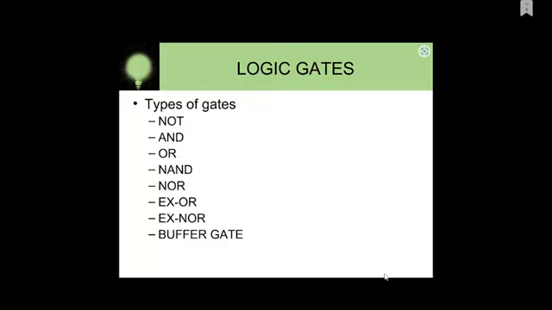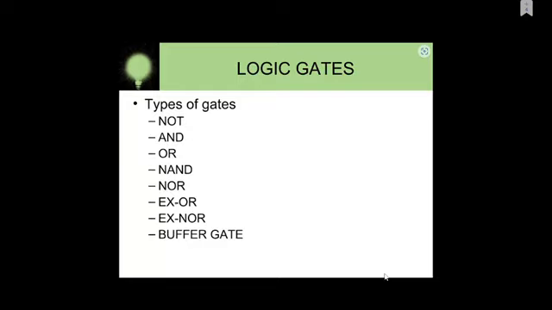NAND and NOR, these two come under universal gates. Why are they called universal gates? Because by using these two, NOR and NAND logic gates, we can implement any of the logic gates.